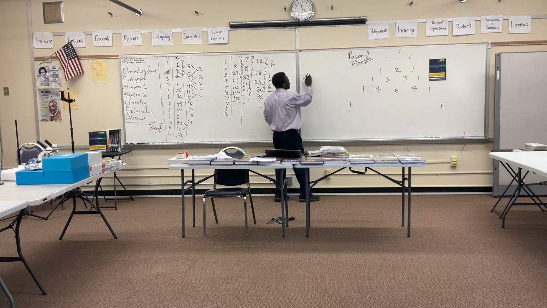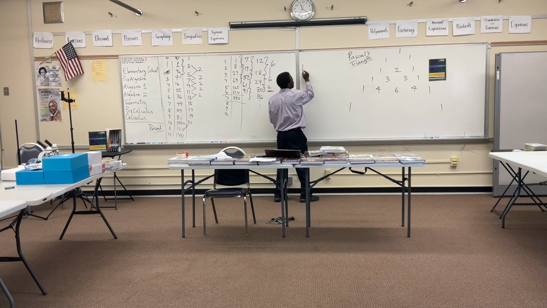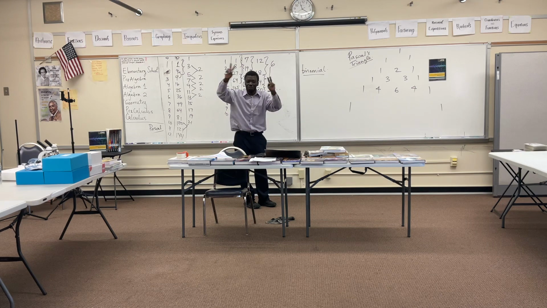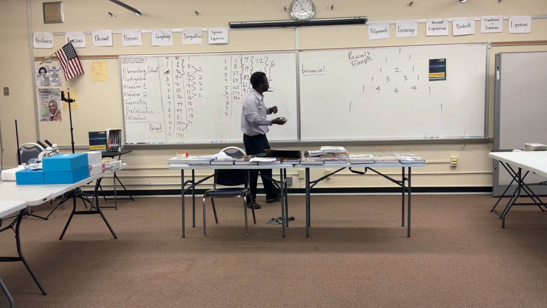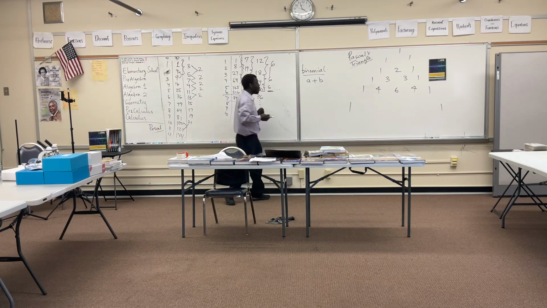So here's what it's used for. In math, there's something called a binomial. A binomial is basically two numbers. Bi is usually like a bicycle, 2 tires, right? That's the usual word there. So a binomial would be something like this, A plus B. Everybody see that? Okay.